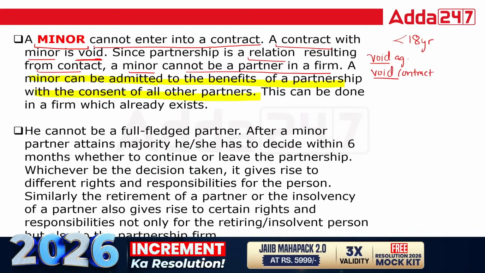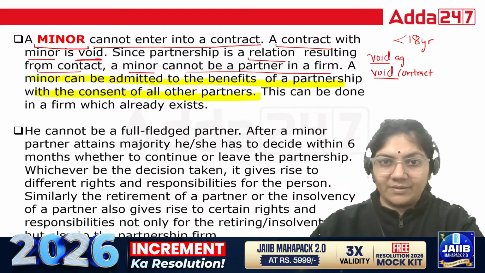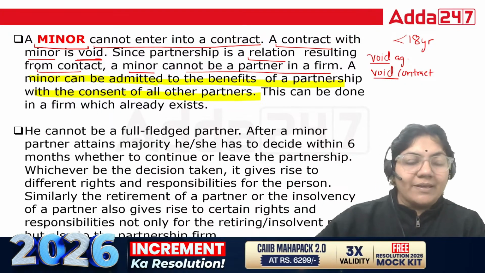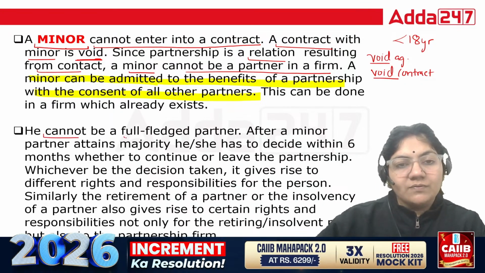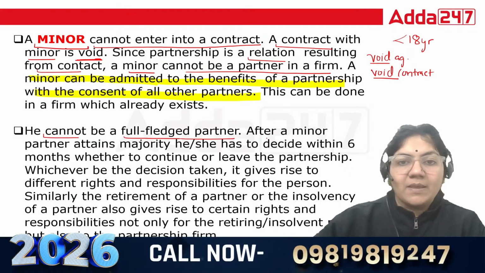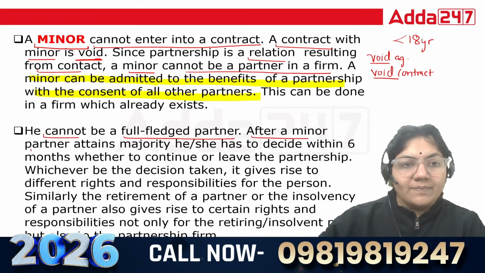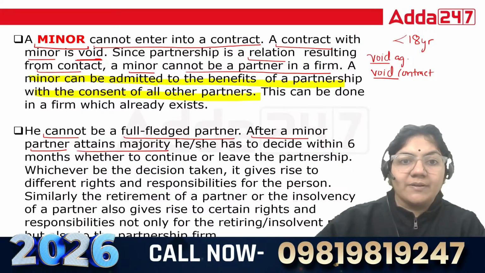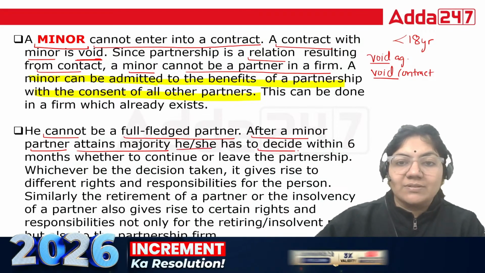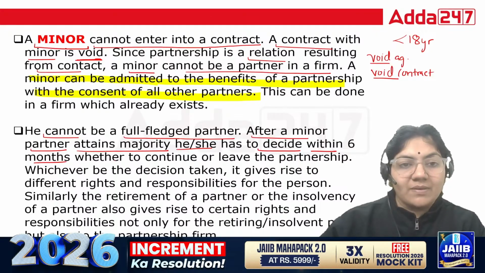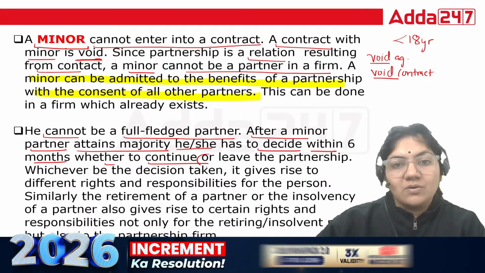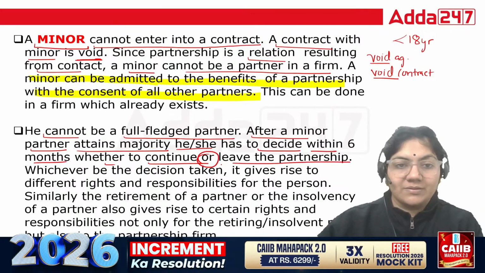Now we will do this particular paragraph written here: he cannot be a full-fledged partner after a minor partner attains majority. He has to decide within 6 months whether to continue or leave the partnership.